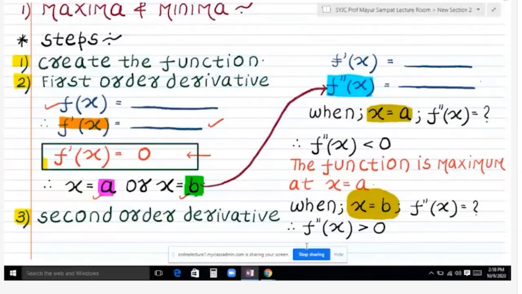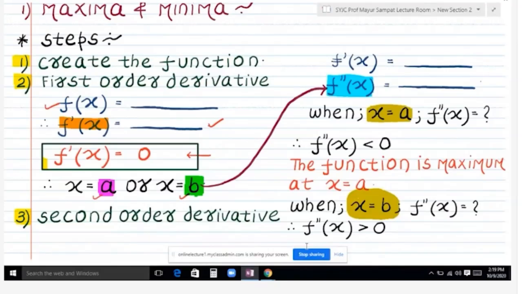By equating the first order derivative with 0, you can obtain a minimum of one value of x, and a maximum of two values of x. So let me assume that we have obtained the two values to be a and b.